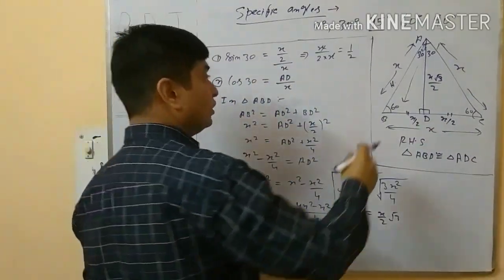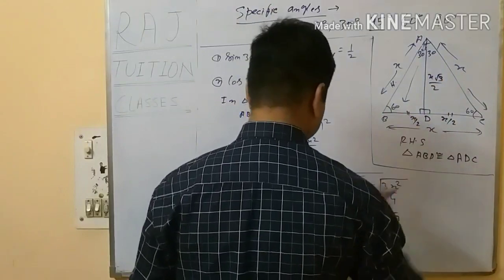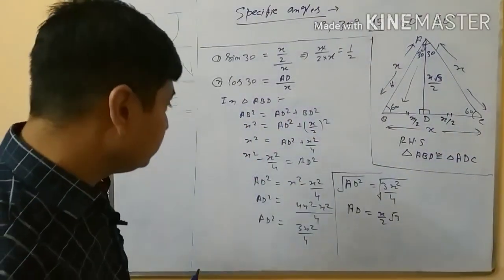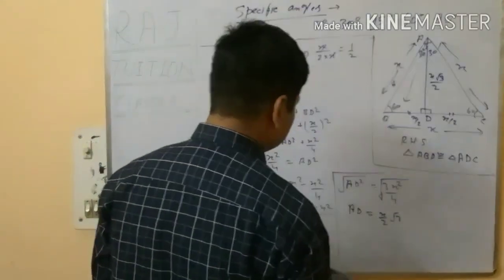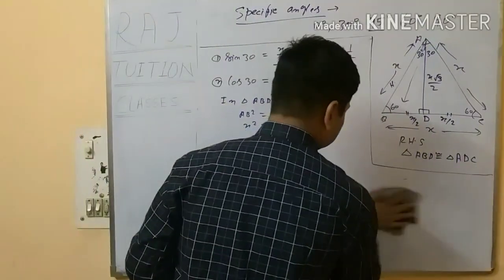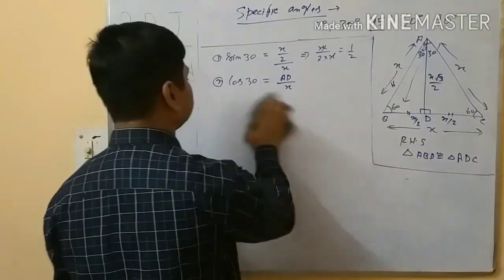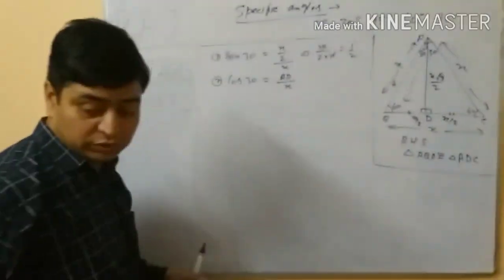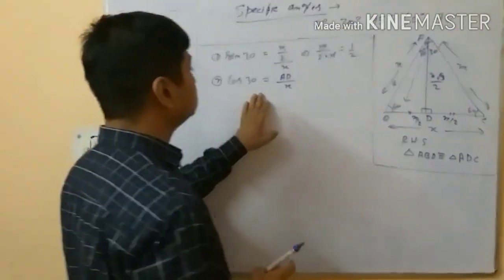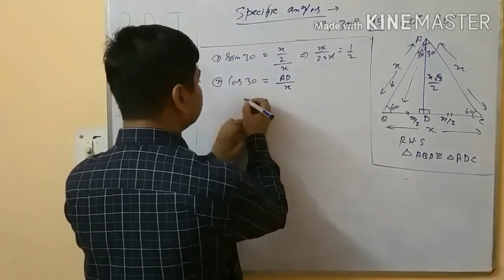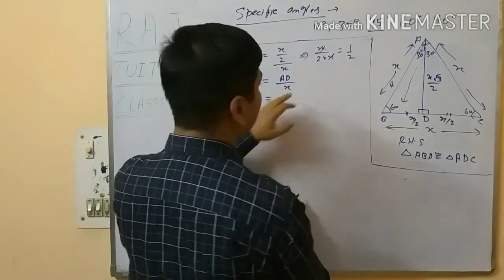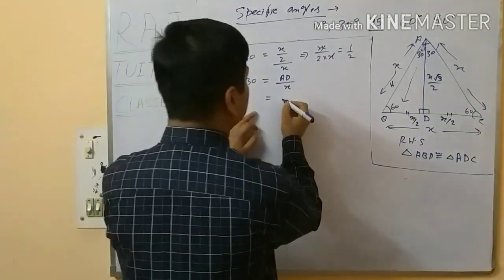And now we have all the values, all three sides. Then we can find it very easily. Now I'm just going to erase it. So the problem was to find cos 30. Now the problem is resolved. AD upon x. What is AD?